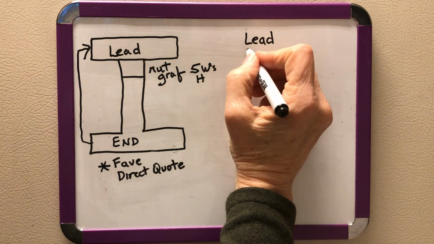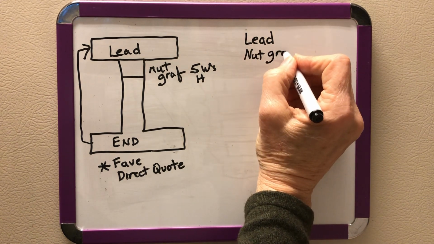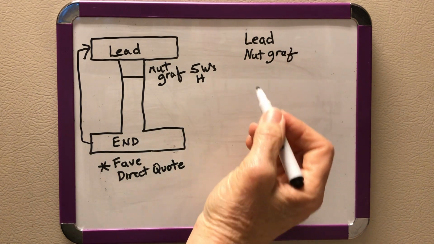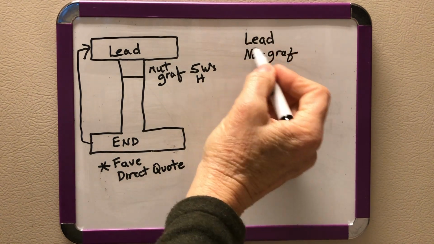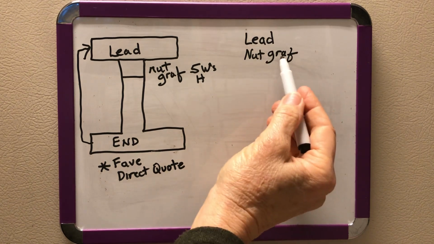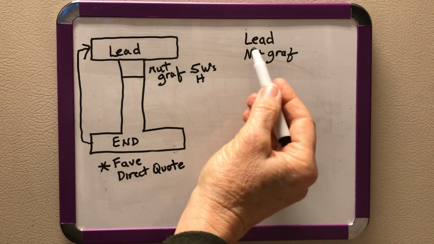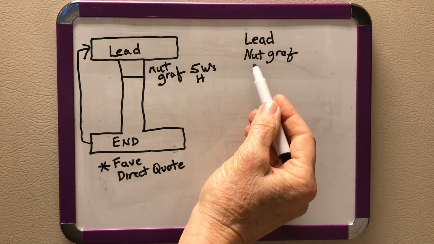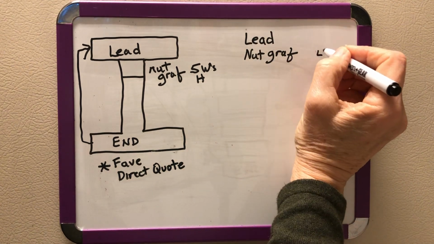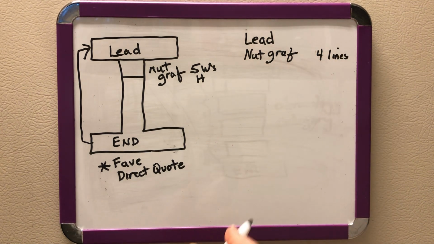So then we have our nut graph. And your nut graph, remember, tells us what the story is about. So anything we need to find out, maybe who Will Henderson is here, what happened to him, and that two hikers found him along the way, right? So you get a nut graph for this size story. Remember, we get 4 type lines for our paragraph length.